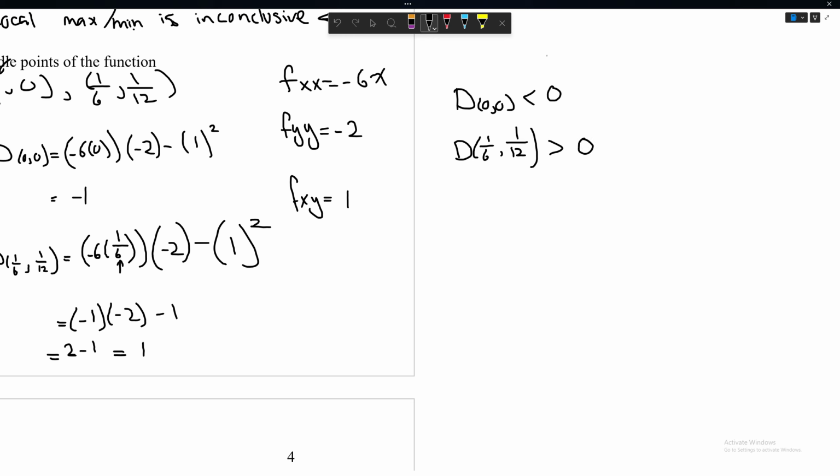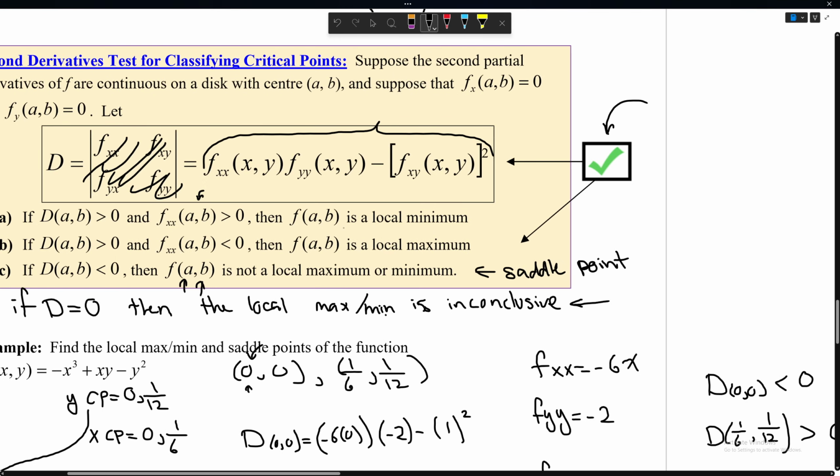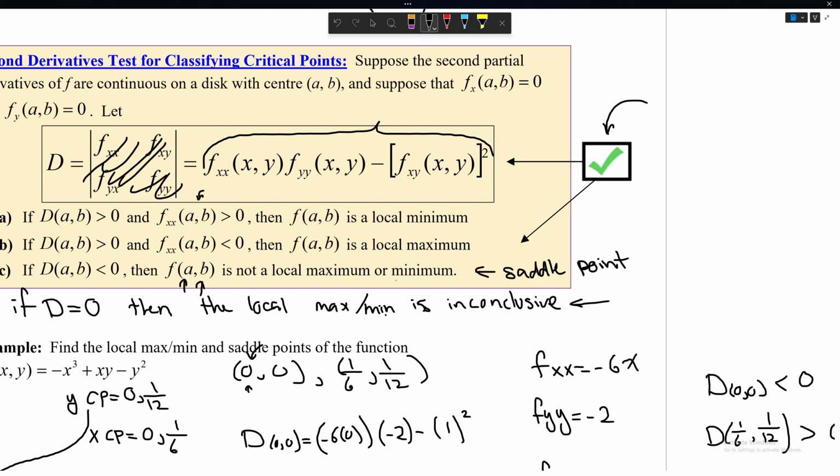Whenever your D is smaller than 0, by default, no matter what, it's a saddle point. Now your D at 1 over 6, 1 over 12 is more than 0. So that tells us there's two possibilities. If it's less than 0, it's not a local max, it's a saddle point.